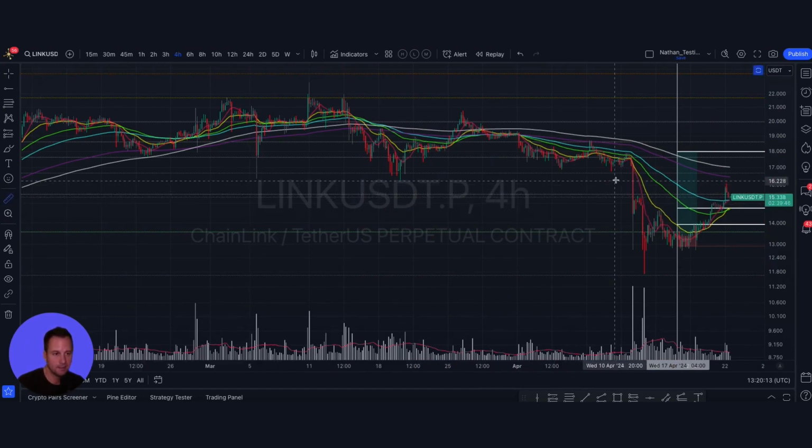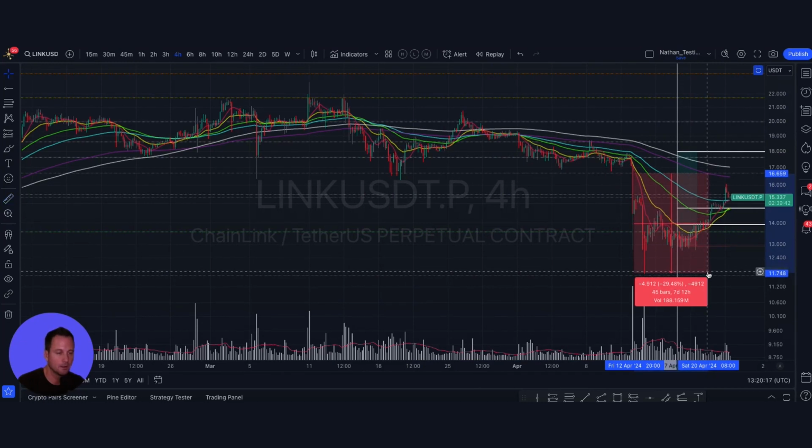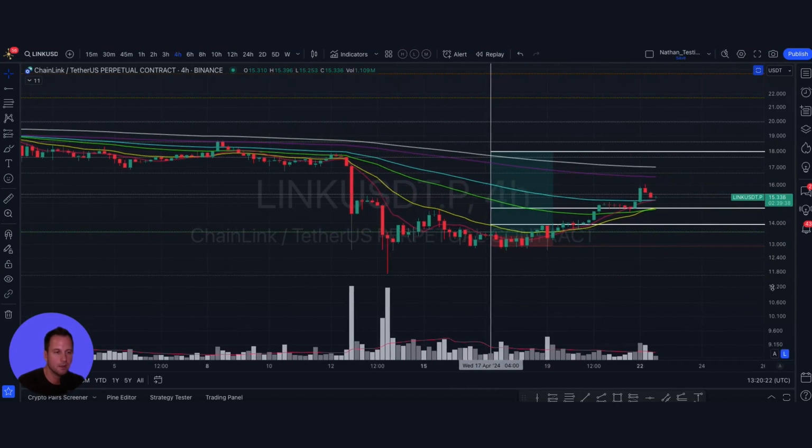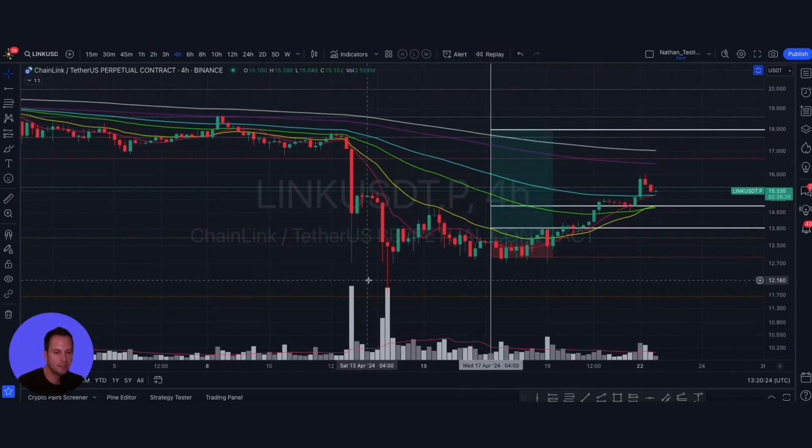Even if we had taken it from the break of the range here, 30% move, even in crypto, that's significant. So we know we've had this crash. We get one move up to the EMA 21 in yellow here, pushed right back down. Now perhaps we're putting in a bit of a base here, and perhaps there's an opportunity for a move up.